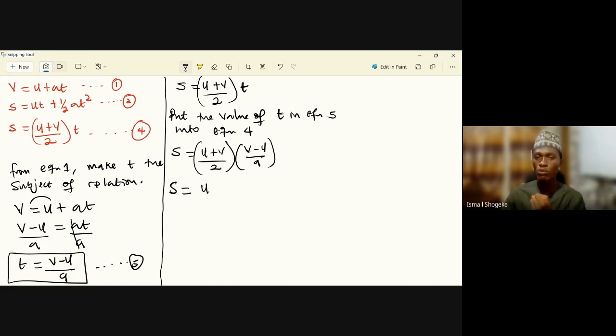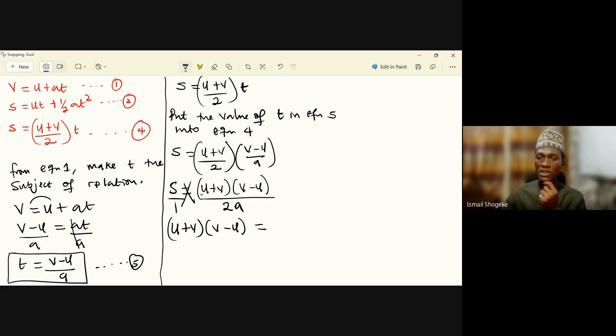So we say (U plus V) multiplied by (V minus U) all over denominator multiplied by denominator, 2 times A, which is 2A. And we can cross multiply and make this whole guy come down. (U plus V)(V minus U) equals 2A times S.